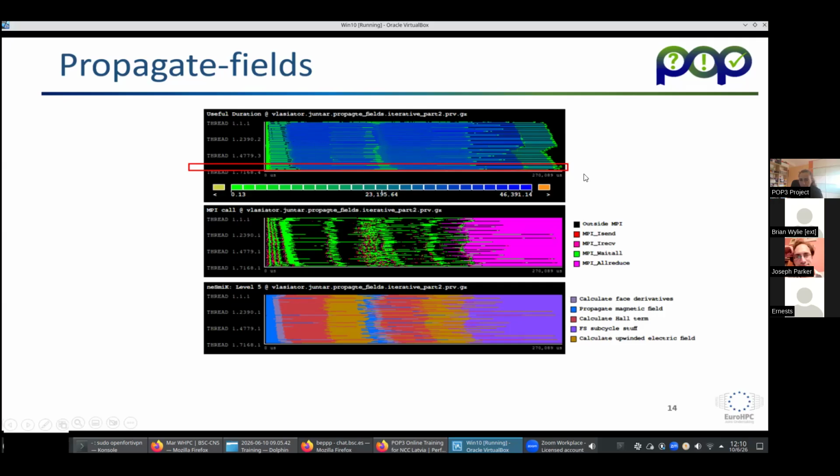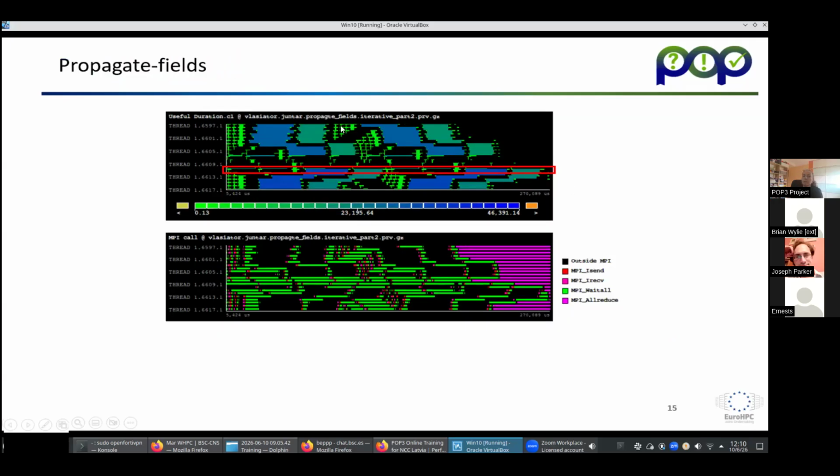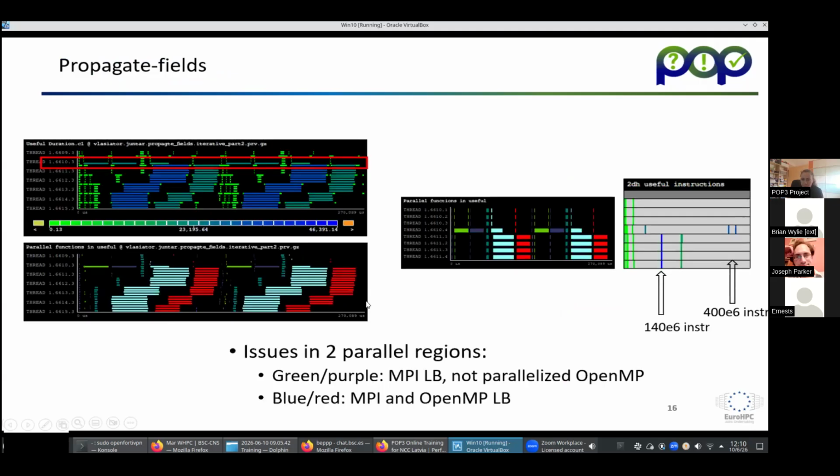So we again zoom in on some processes. If we zoom in, we see this pattern, which is like an arrow, but it's still difficult to see what's going on. So we zoom a bit more, and now we get this.